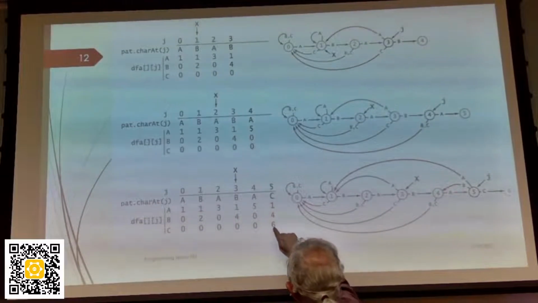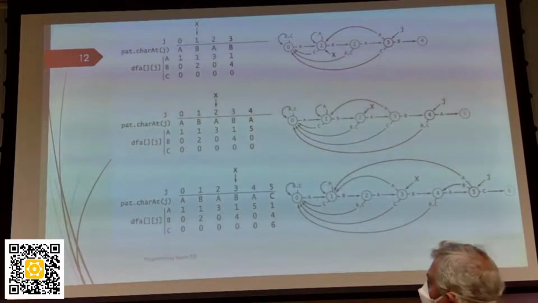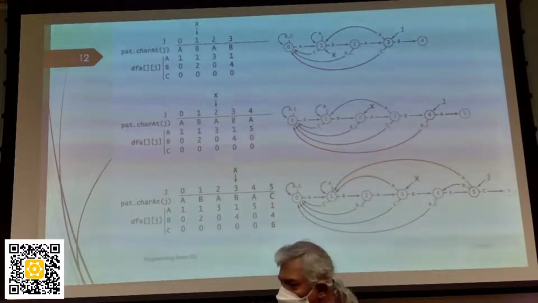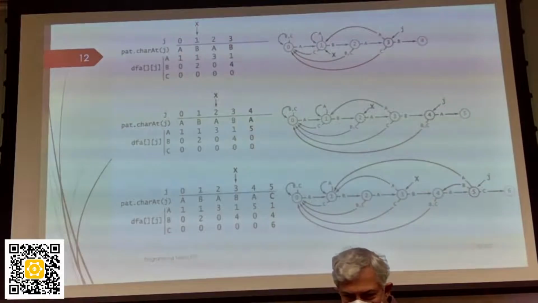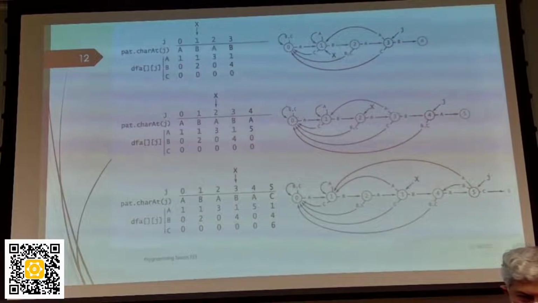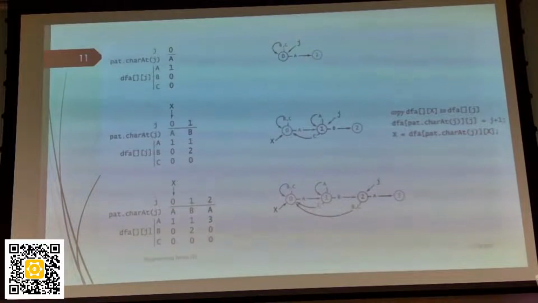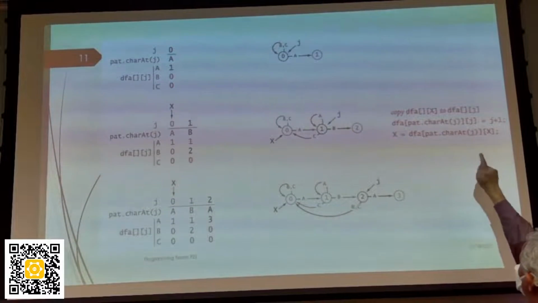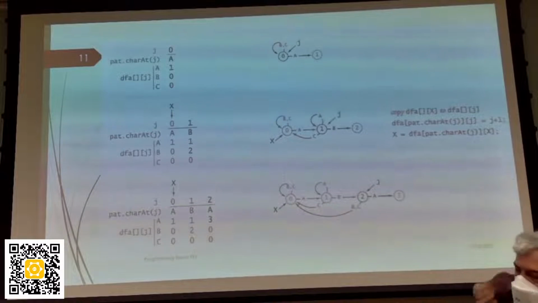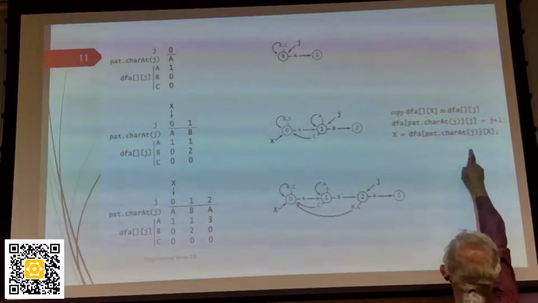So the question is, what happens to X at this point? X is going to be whatever from here, whatever it says you should do with C, that's what should happen here. That's what your new X should be. It says your new X should be whatever the current column of X tells you should do when you see the current character.